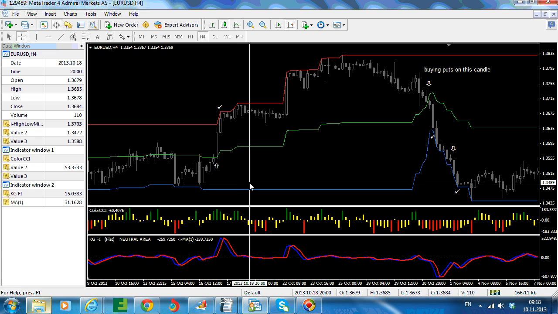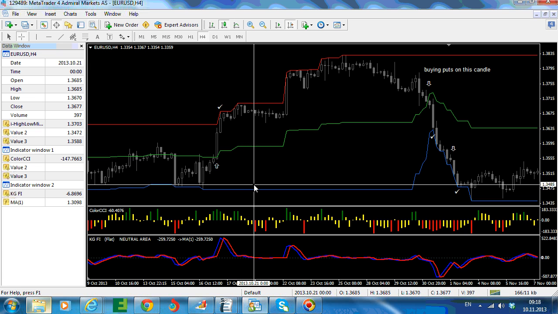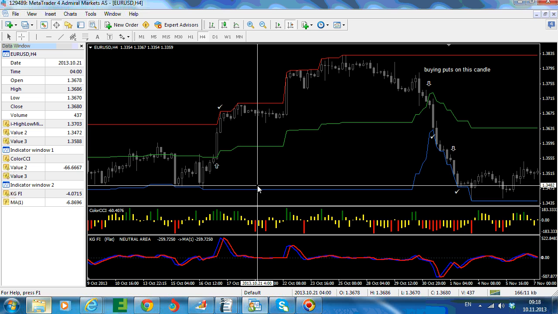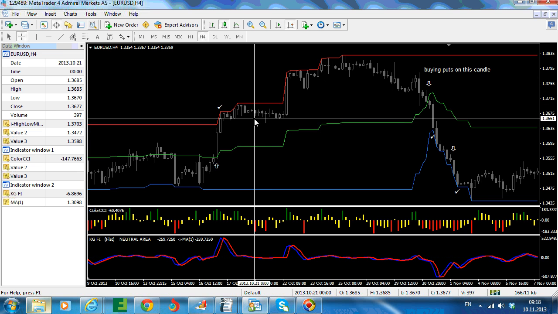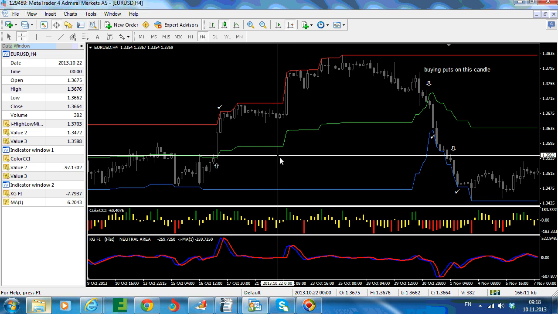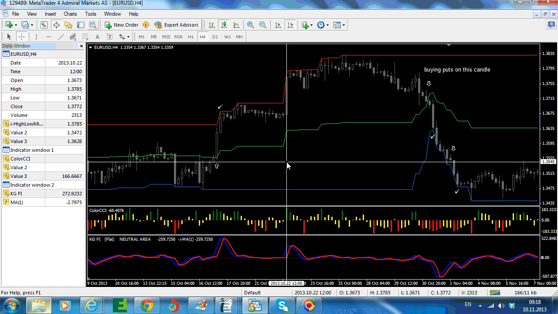Moving to the right side, we are looking now at price being in the upper side of the channel. So basically, we need a green candle. This is the green candle. We need KGFI to be bigger than 0. It is bigger than 0, as you can see, 272.92. Bigger than the moving average.